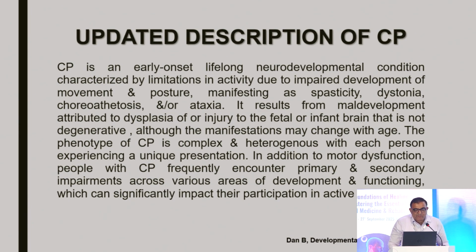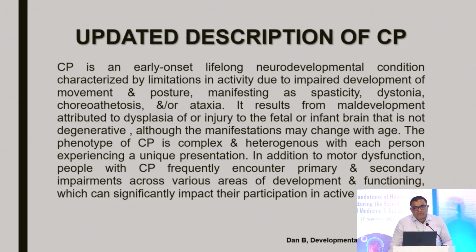The phenotype of CP is complex and heterogeneous, with each person experiencing a unique presentation. In addition to motor dysfunction, people with CP frequently encounter primary and secondary impairments across various areas of development and functioning, which can significantly impact their participation in active life.